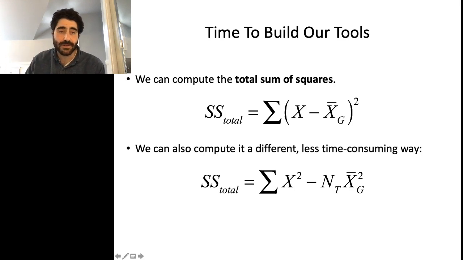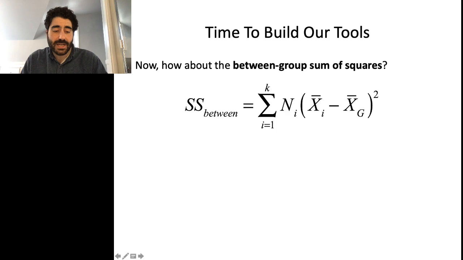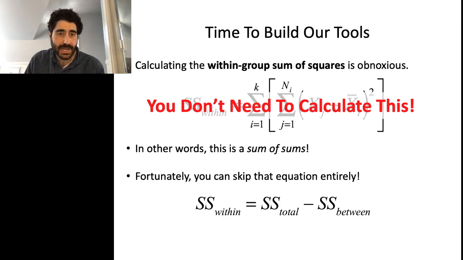We see how far away every point is from the grand mean, ignoring the group labels entirely. Then we compute the between group term, which requires just computing a mean for each group, the x bar sub i's, and asking how far away those are from the grand mean. And then this last thing, we can compute just by subtraction. Once we know the total and the between group, whatever's left over that's not the between group stuff is the within group stuff. Again, you could calculate it out with this formula. It's not that hard, but there's no need to.